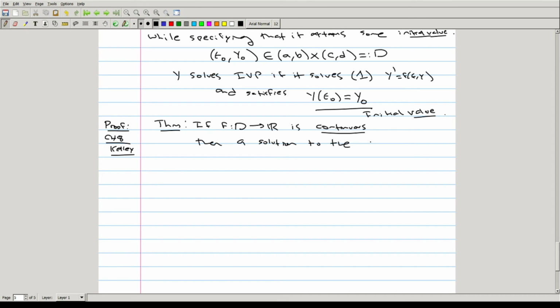to the initial value problem exists with some maximal interval of existence.